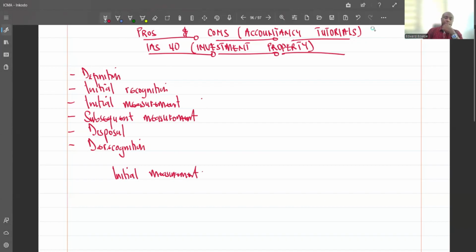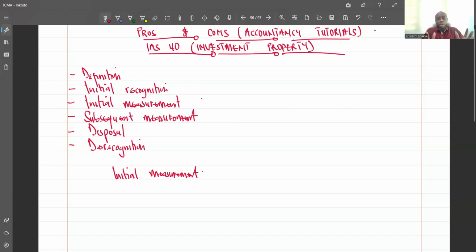Way back in IAS 16, we said the initial measurement is the purchase price plus any attributable cost plus the site restoration cost, or what we call decommission cost. So that relates to what? IAS 16. The purchase price, attributable cost, plus what? The site restoration cost.